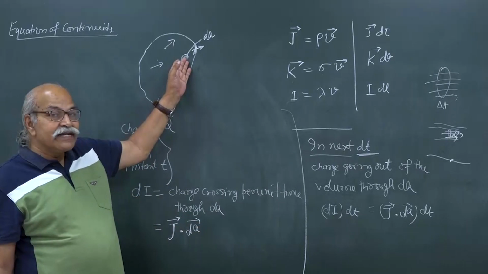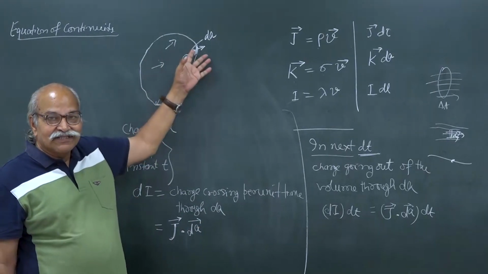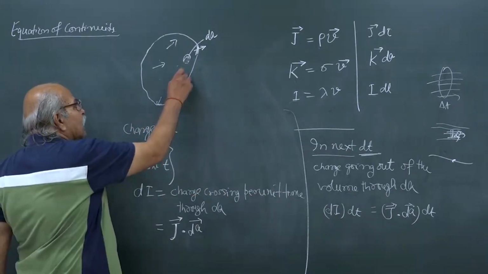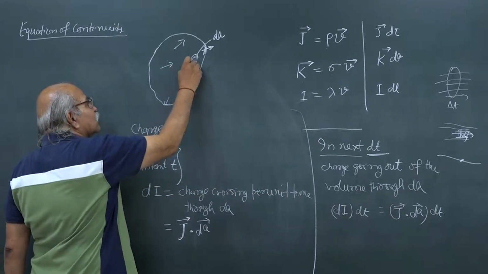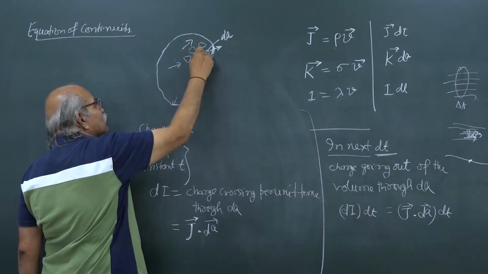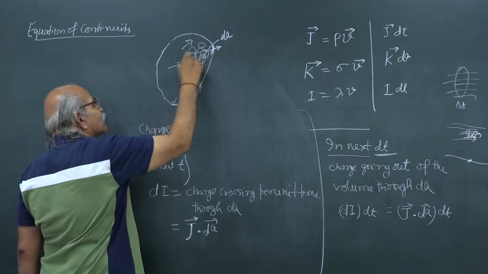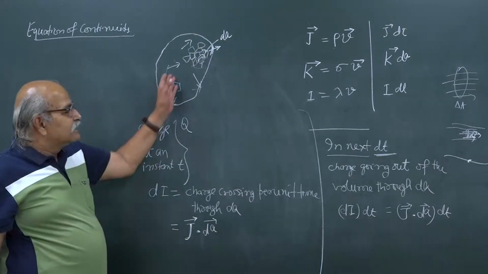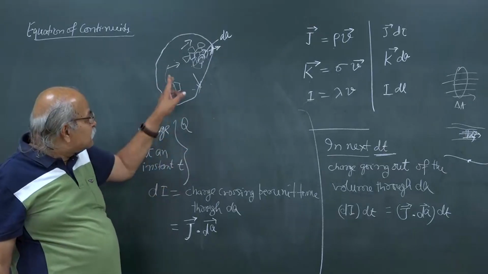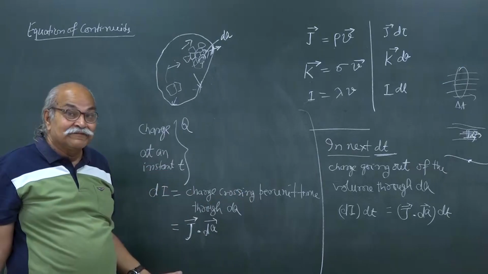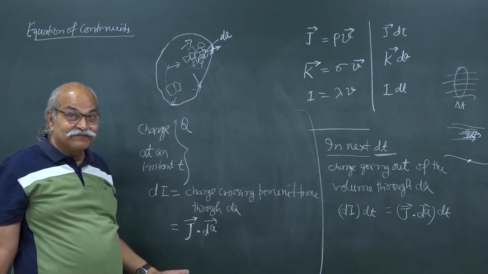Then integrate over the entire surface. That means now we are adding this quantity over the entire surface; the whole surface is divided into such small dA. From each dA we calculate and then add.